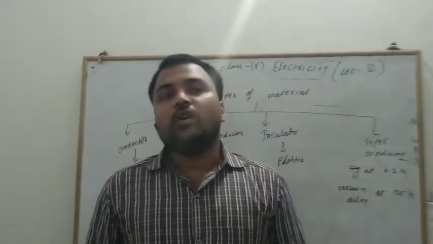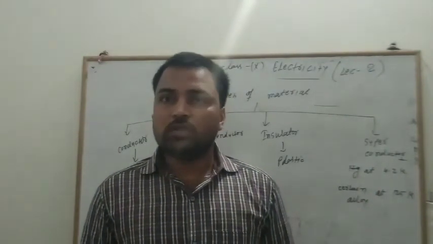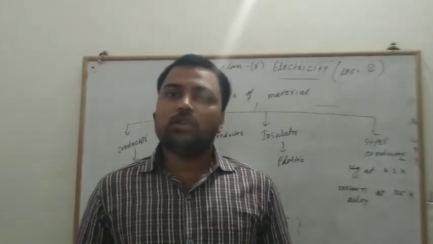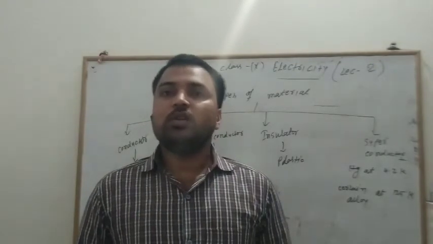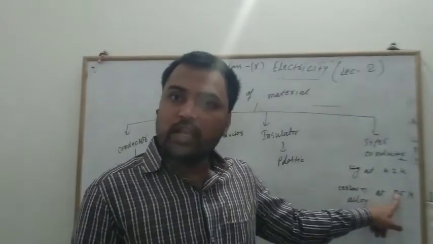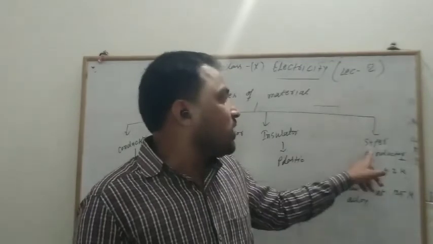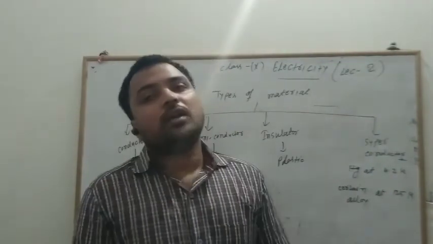At room temperature we do not consider superconductors, but in the lab there is some possibility of superconductors. Mercury acts as a superconductor at 4.2 Kelvin, and some certain alloys act as a superconductor at 125 Kelvin.